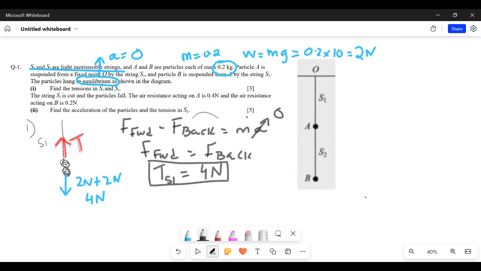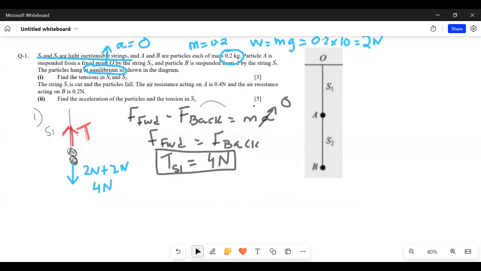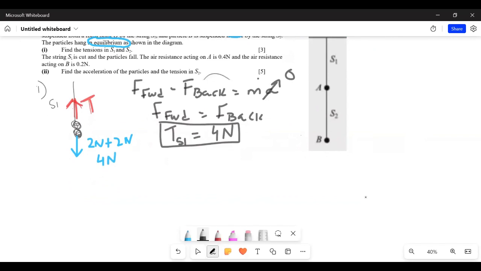Now let's take a look at string S2. How many weights is S2 carrying? Here's S2. It's only carrying one weight, which is the weight of particle B. So downward force is just 2 newtons, not 4 newtons this time.